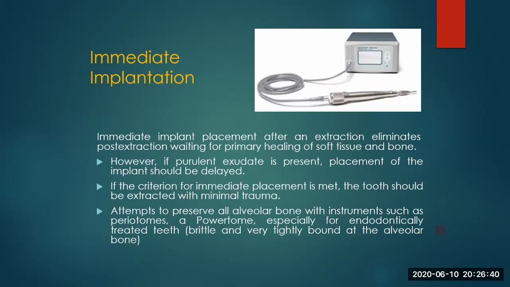So I have to protect it as much as possible. And this can be achieved by the use of, for example, a periotome. The aim of the periotome is to separate the cortical plate near the neck of the tooth, so that when I apply the elevator or the forceps or whatever instrument I'm going to use to luxate or remove the tooth, there will be less trauma on this cortical plate.